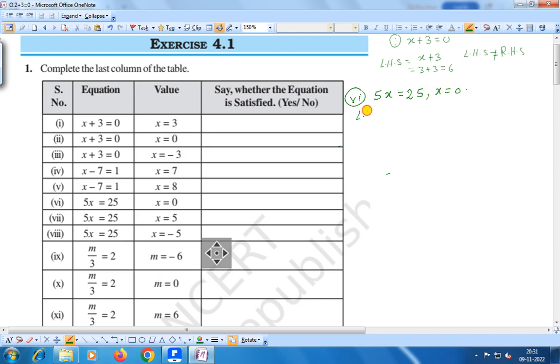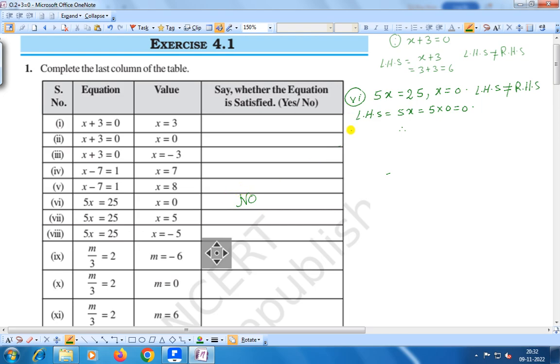Therefore, left hand side is equal to 5x. The value of x is 0, that is 5 into 0 is equal to 0. And the right hand side is 25, which is not equal to left hand side. Therefore, it doesn't satisfy the equation. The answer is no.